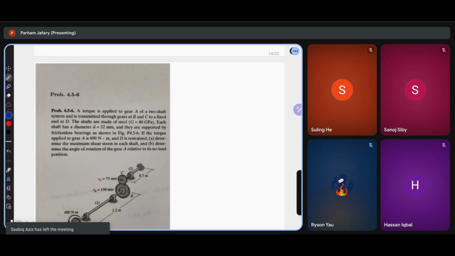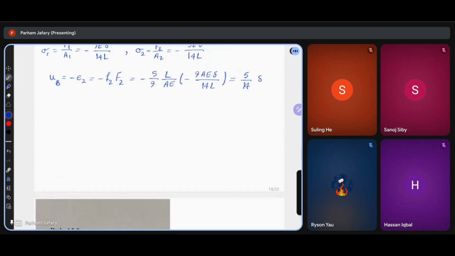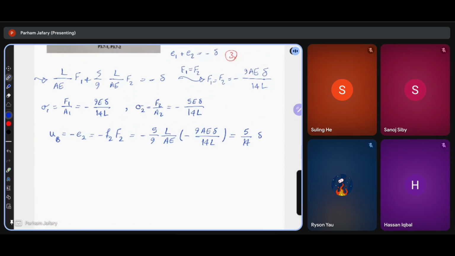So basically, the same concept applies. For axial compression, we use delta equal to PL over AE. For torsional deformation, we use a different formula: phi is equal to TL over GJ. Okay?